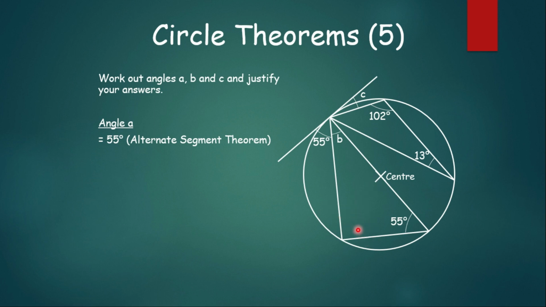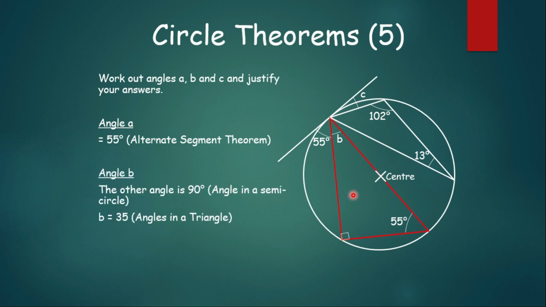So this angle is 90 degrees. If there's 90 degrees and I know this one to be 55 degrees, I can easily find B by summing it up and equating it to 180 degrees. And when we do that, we realize that B will be equal to 90 plus 55.